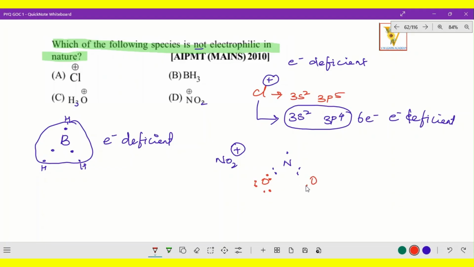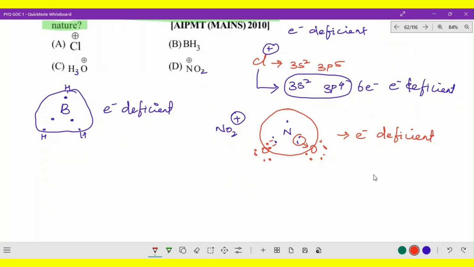So what happened here? Counting the electrons, only 7 electrons are available. So this is also electron deficient.